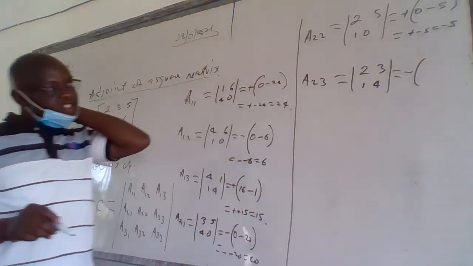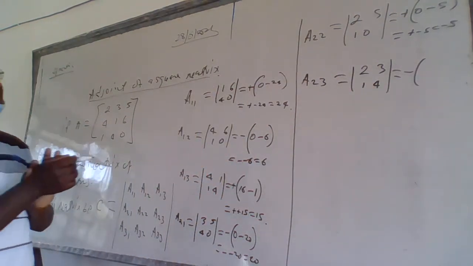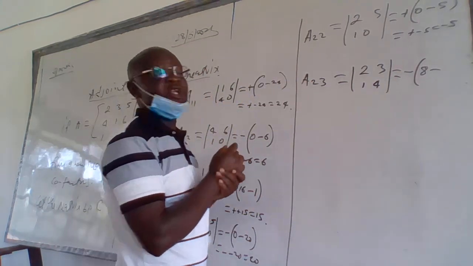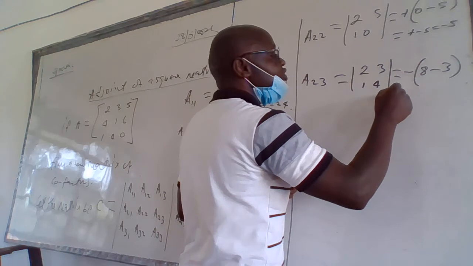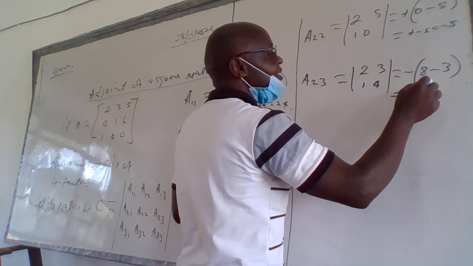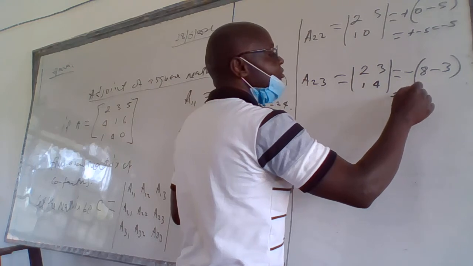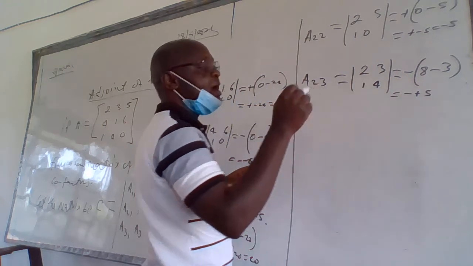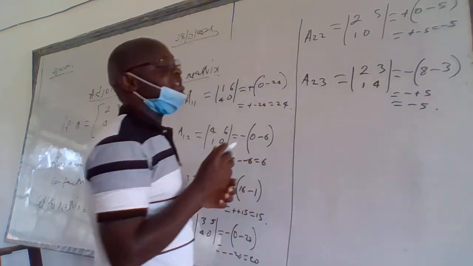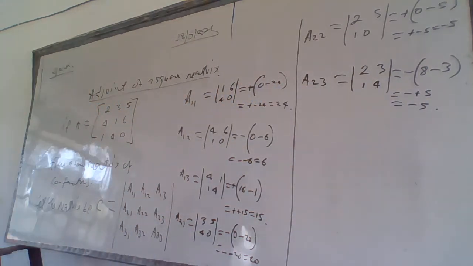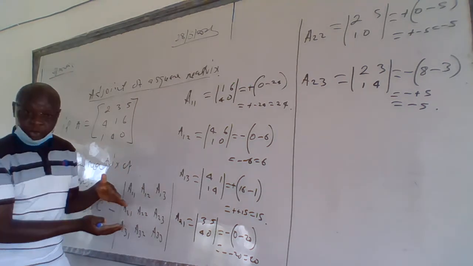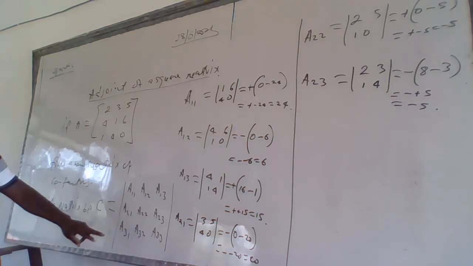Open the bracket. So 4 times 2 we have 8. We have 8 minus 1 times 3 we have 3. So we have minus 8 minus 3, it will be minus 5. We are through with the second row.